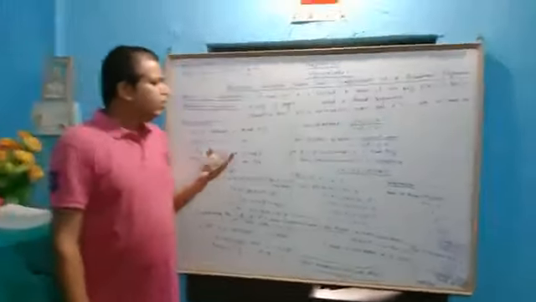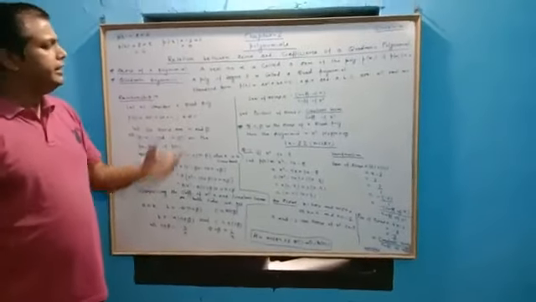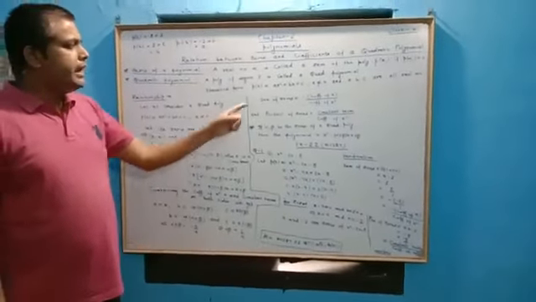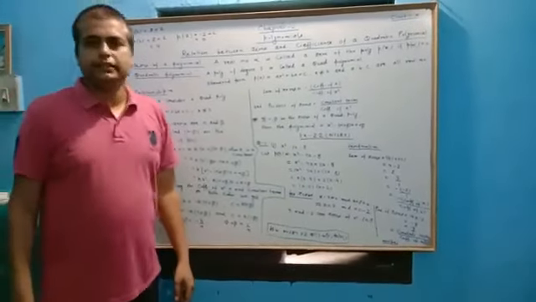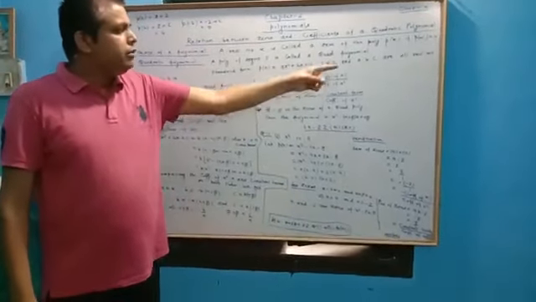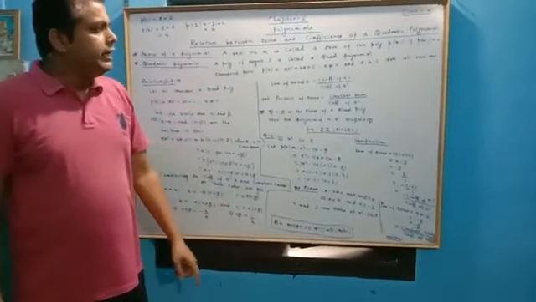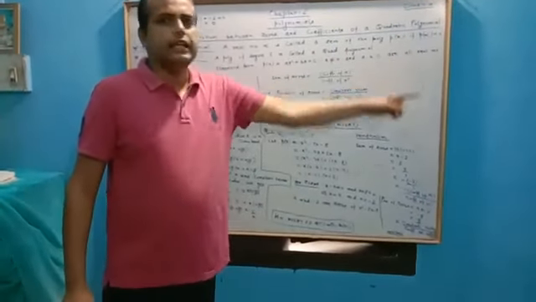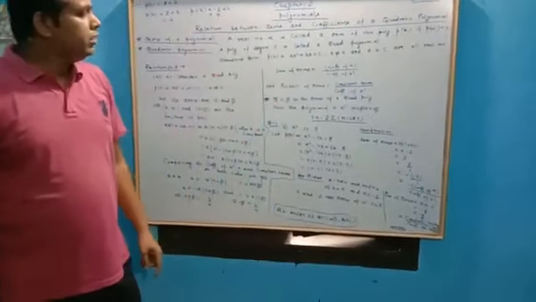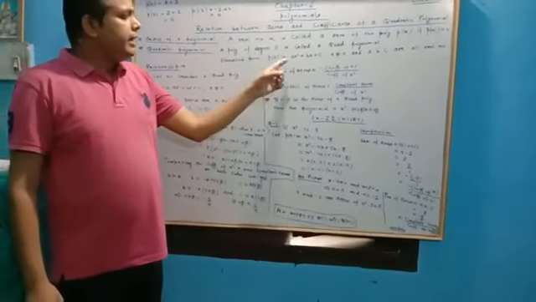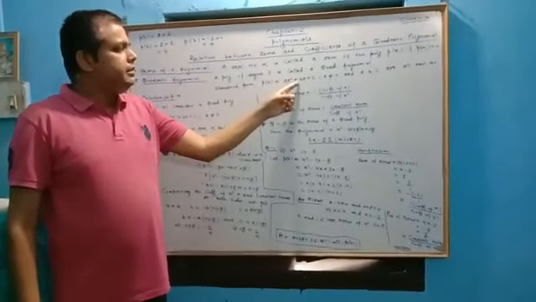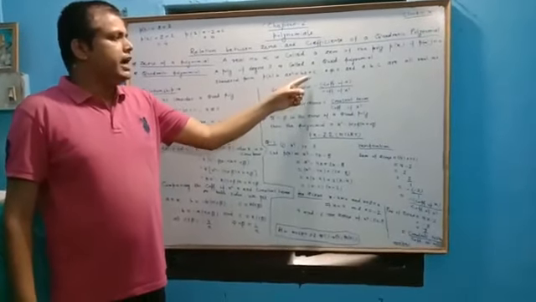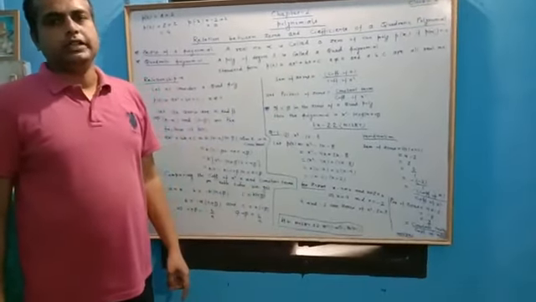For a quadratic polynomial, the standard form is p(x) equals ax square plus bx plus c, where a is not equal to 0 and a, b, c are all real numbers. Now here a is the coefficient of x square, b is the coefficient of x, and c is the constant term.